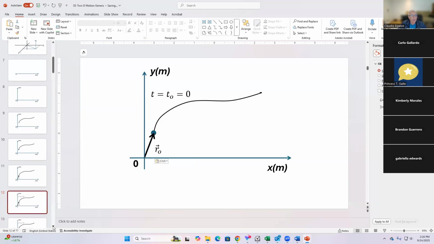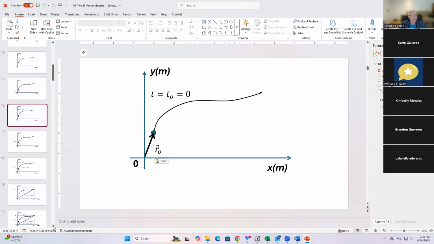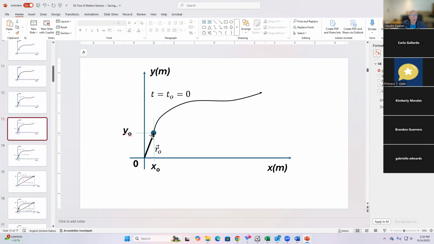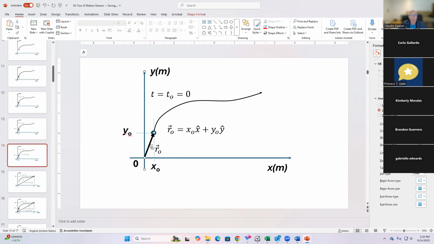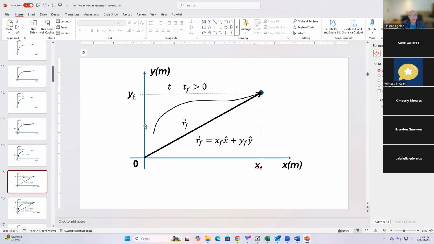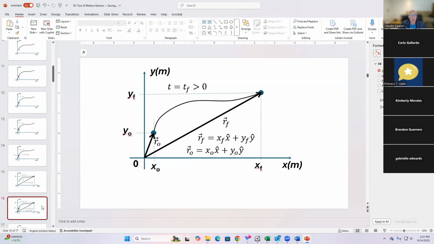Initial position vector, and we can also illustrate the final position vector. Here I'm illustrating both the final position vector and the initial position vector in the same graph.